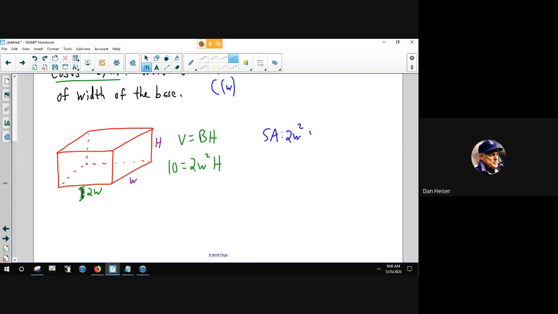The area of this wall and this wall, WH. And we have 2 of them. The area of this wall and this wall is 2WH. And we have 2 of those, giving us 4WH. There's our total surface area.